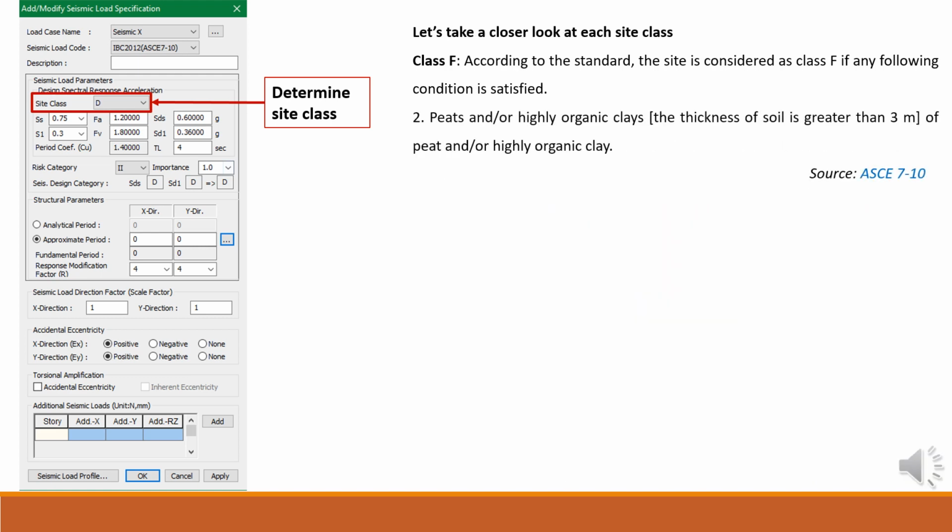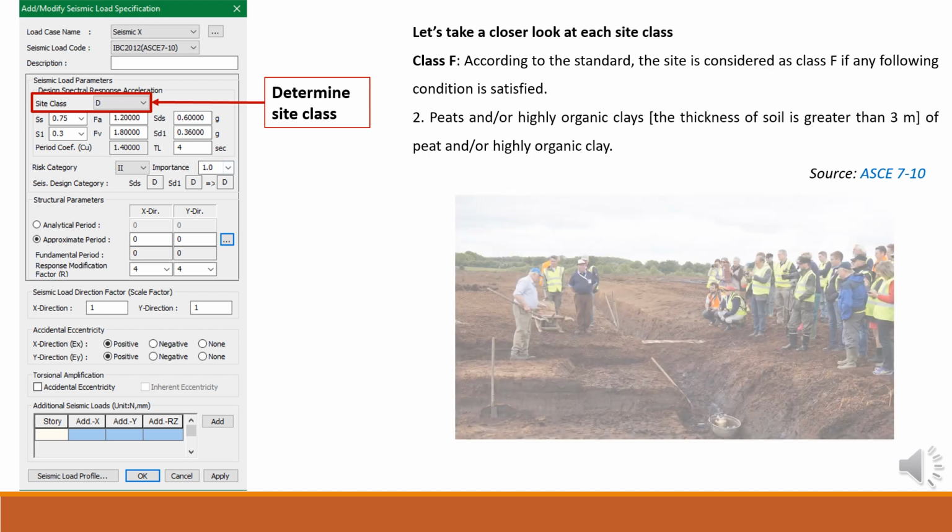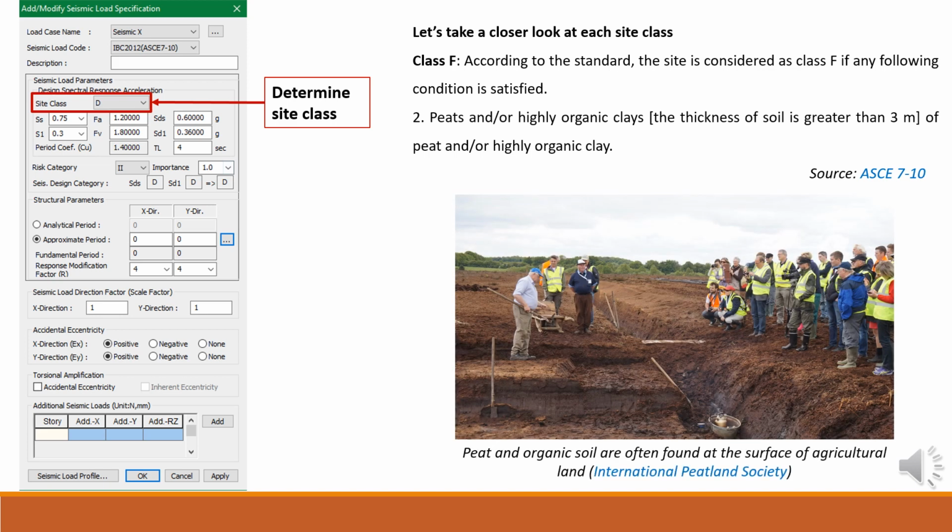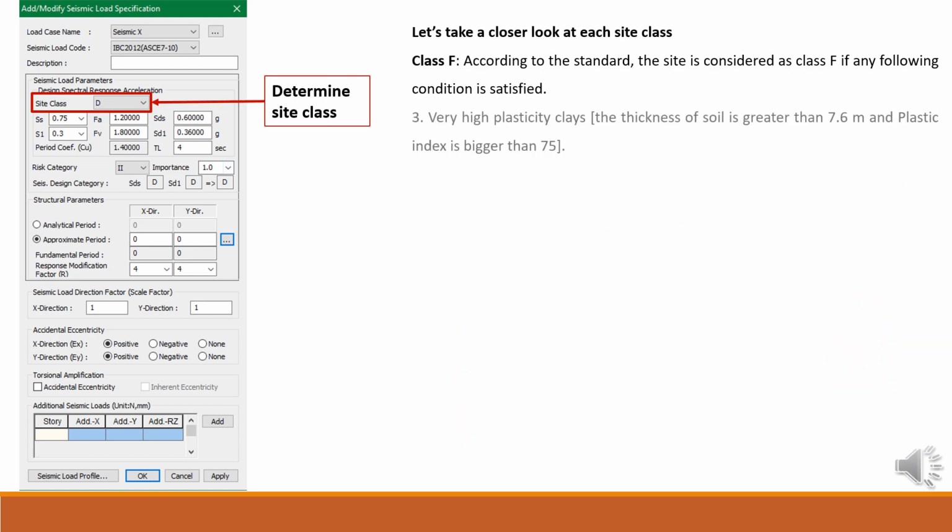2. Peats and/or highly organic clays. The thickness of soil is greater than 3 meters of peat and/or highly organic clay. 3. Very high plasticity clays.